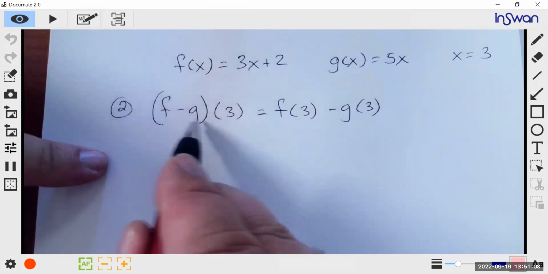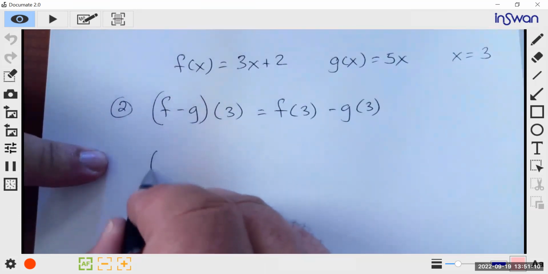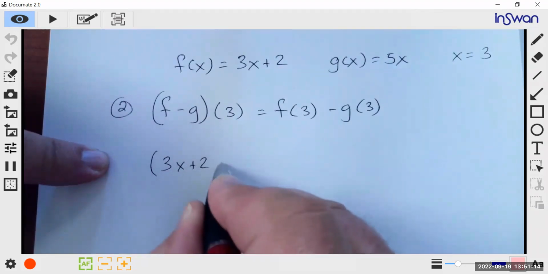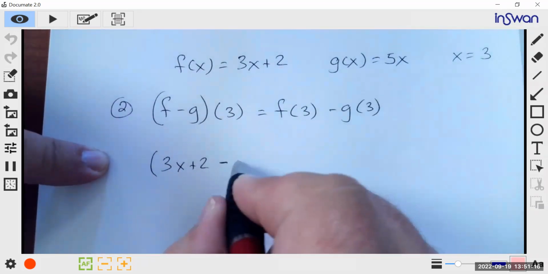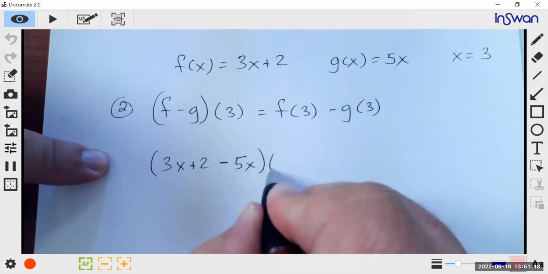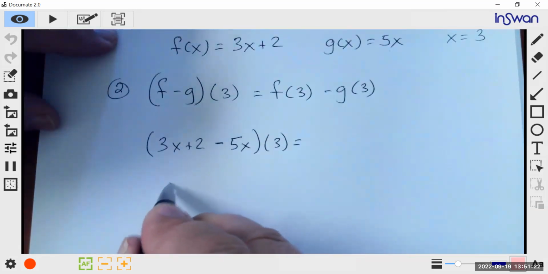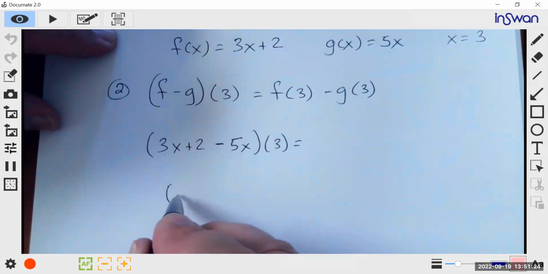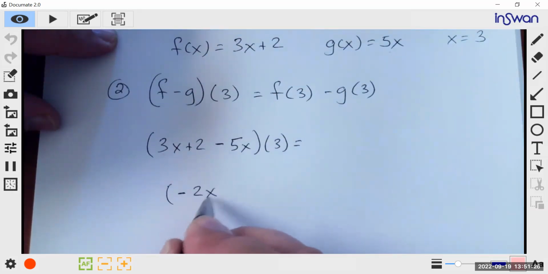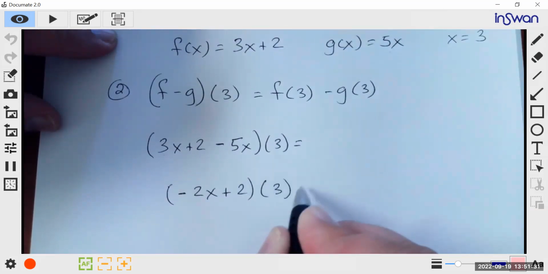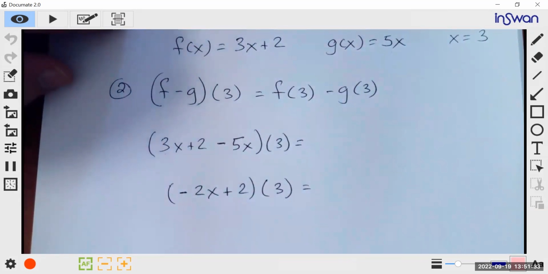Again, the left side here, f minus g, it says f is 3x plus 2 minus g is 5x. Combine like terms, 3x minus 5x is negative 2x. X is 3.